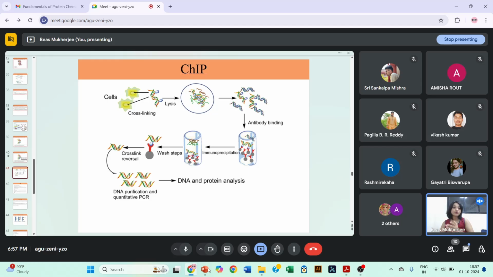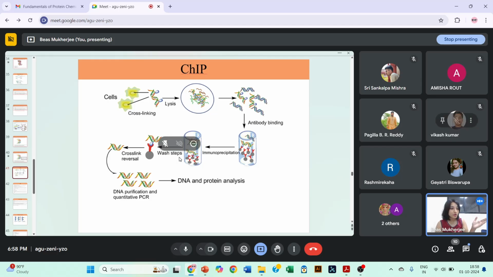Then after that, you break open the cell and you lyse the cell, and then you are getting the chromatin in which protein and DNA are binding together. Then what happens? Then the antibody comes and binds. So there are specific antibodies against the proteins that you want to study. This is basically immunoprecipitation, where the antibody is used, and this antibody is, let's say, labeled.